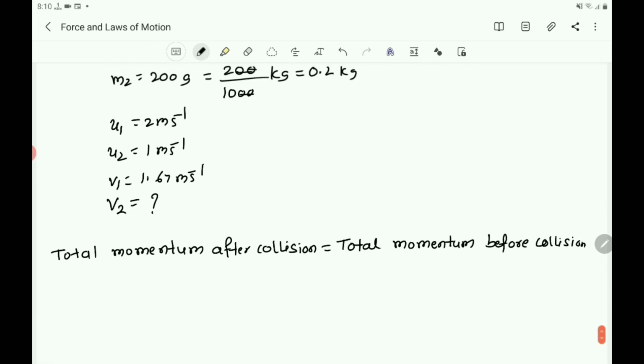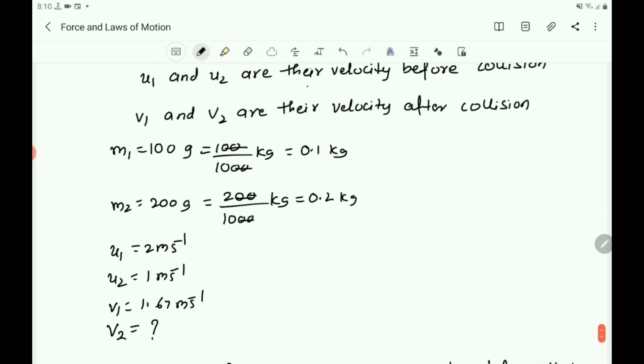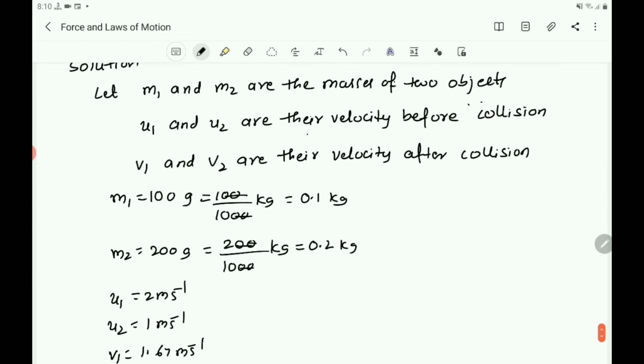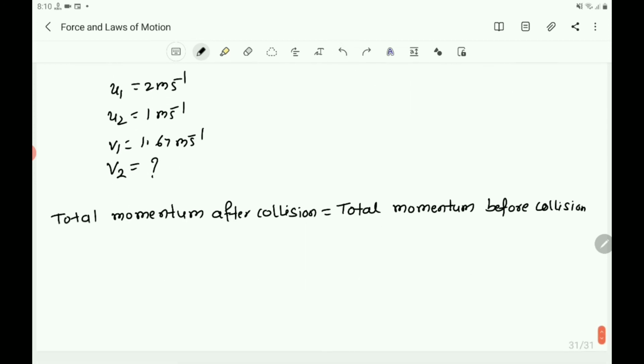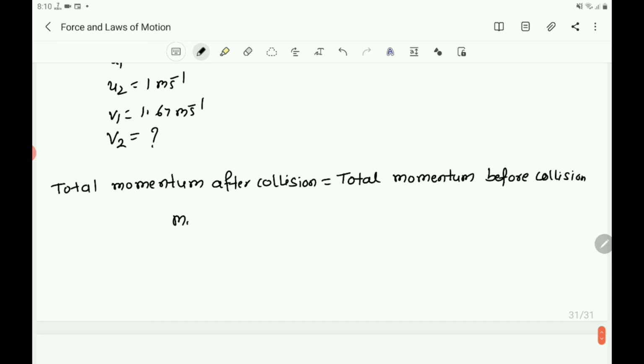Total momentum after collision is mass into velocity after, that is m1 v1 plus m2 v2. After the collision the velocities are v1 and v2. So you write m1 v1 plus m2 v2 equals the total momentum before the collision, m1 u1 plus m2 u2.